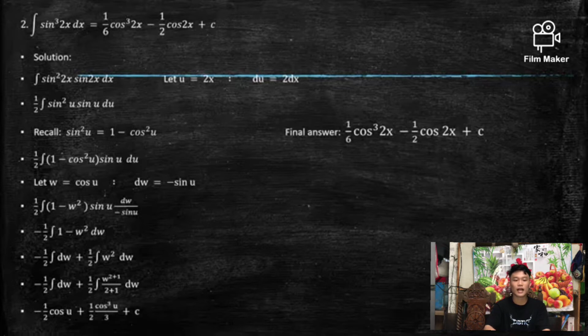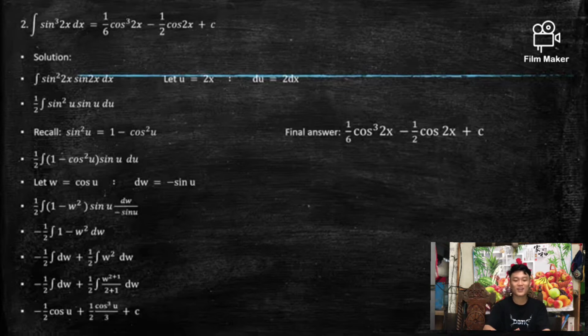Then we cancel out sine u with the negative sine u below. After that, we put the constant outside the integral symbol, negative 1/2 integral of 1 minus w squared dw.